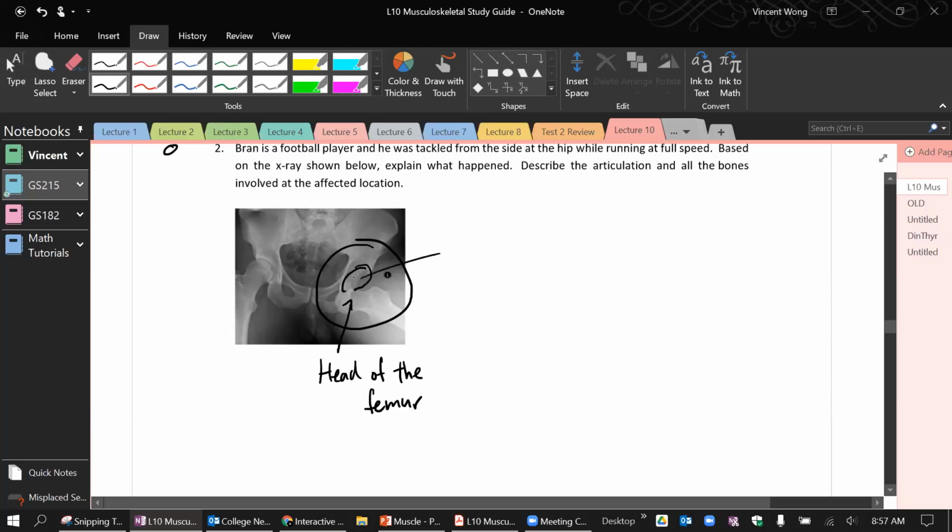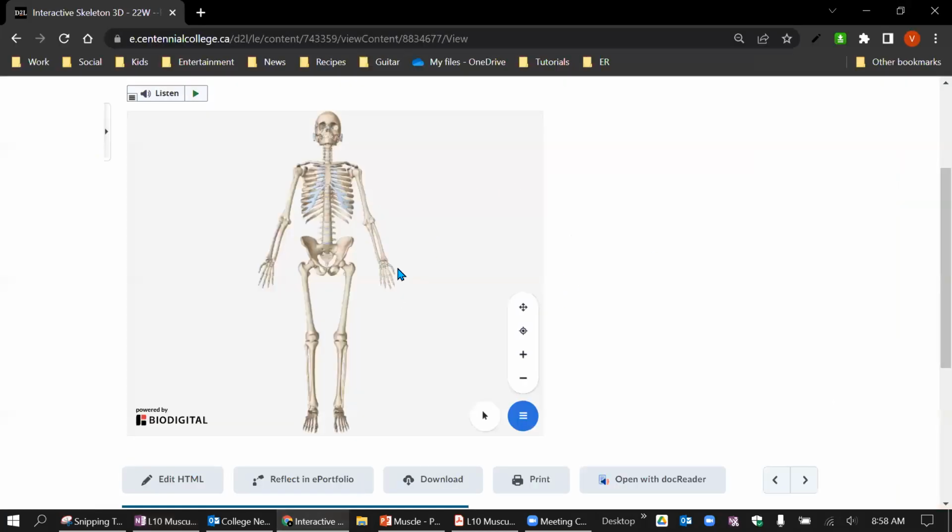So that is part of your pelvic girdle. That is the acetabulum, and the acetabulum is actually 3 bones in the hip area. Let's take a look at that.